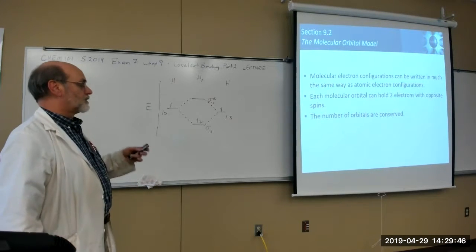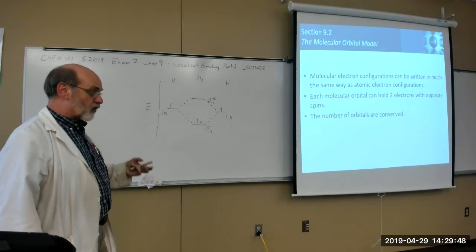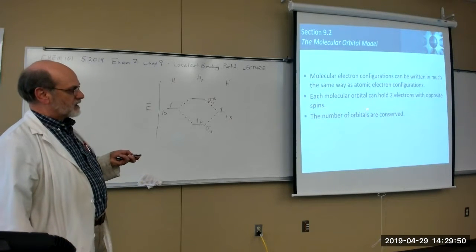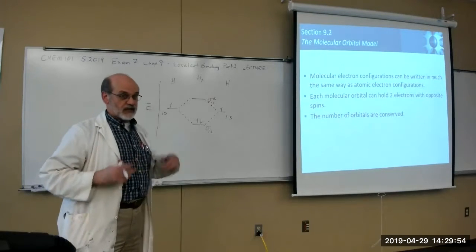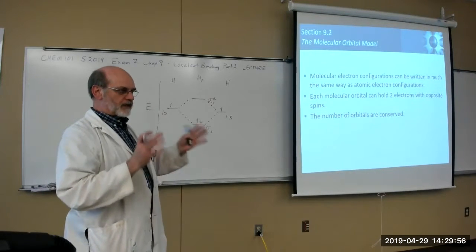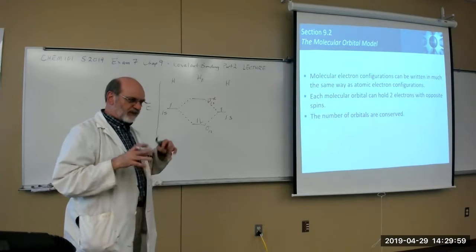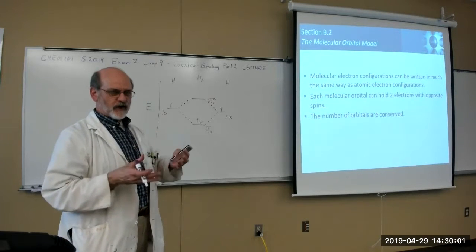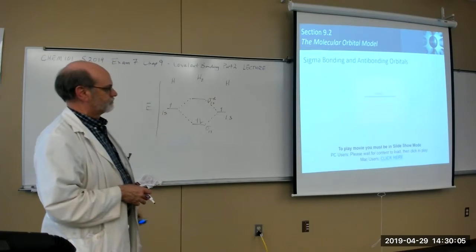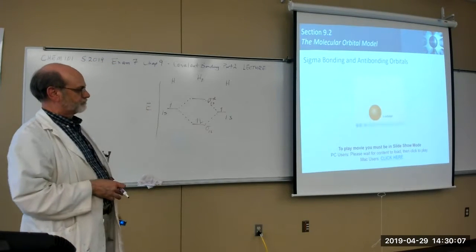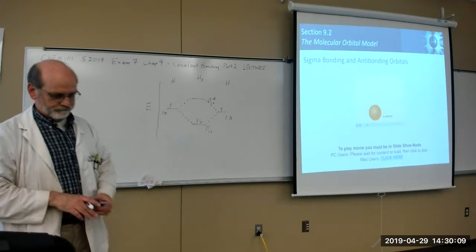Molecular orbitals are like atomic orbitals in that each one can hold 2 electrons of opposite spin. So that has not changed from our earliest building of electronic configurations for atoms. An s orbital has a spherical shape.